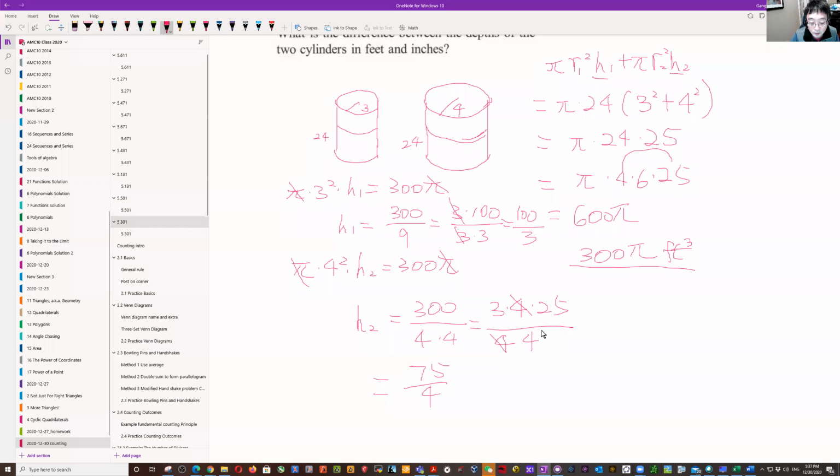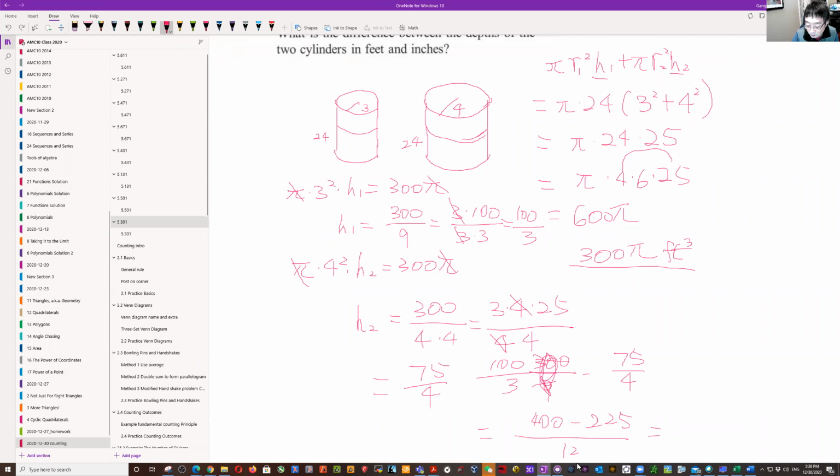It is 300 over 9 minus 75 over 4. Actually it's 100 over 3, because we already simplified it. So basically you just find a common denominator. That's 12: 400 minus 225.